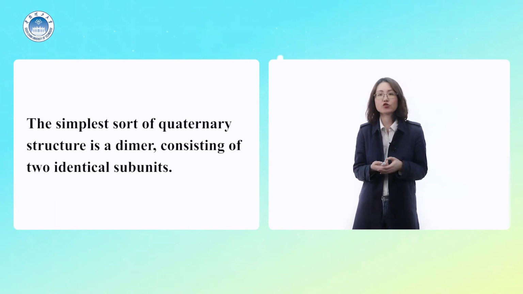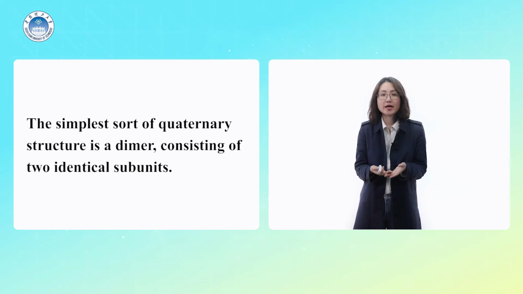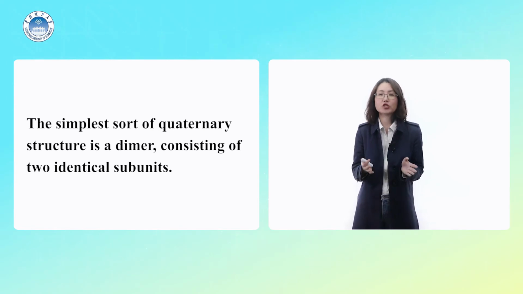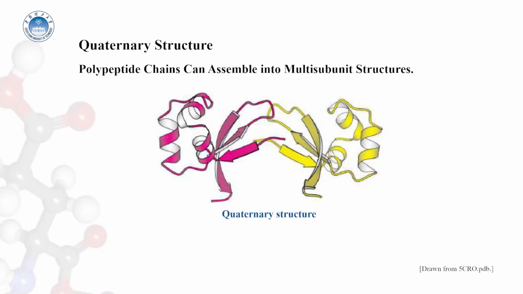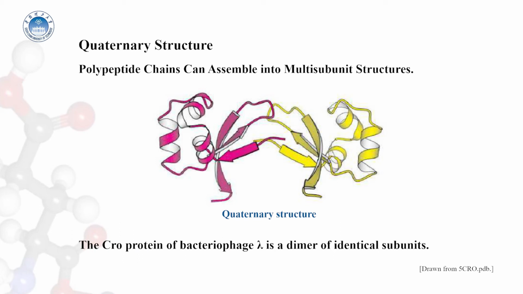The simplest sort of quaternary structure is a dimer, consisting of two identical subunits. This organization is present in DNA-binding proteins found in a bacterial virus, for example lambda.